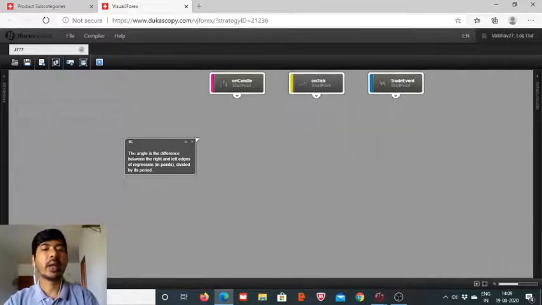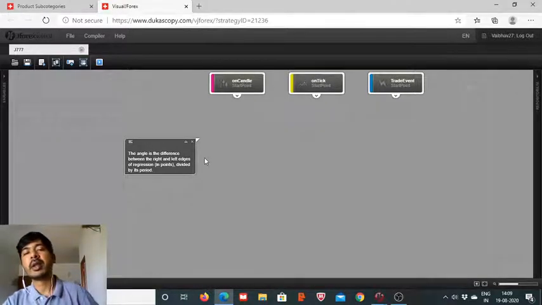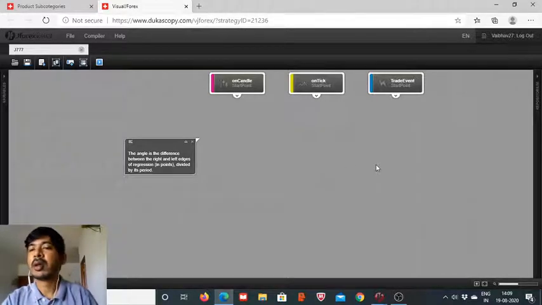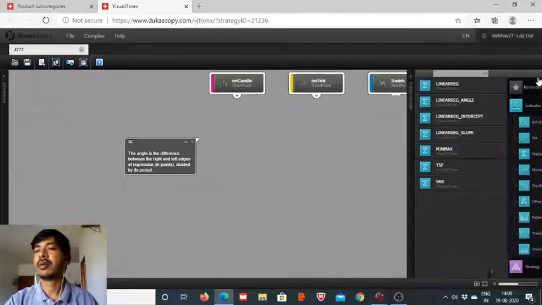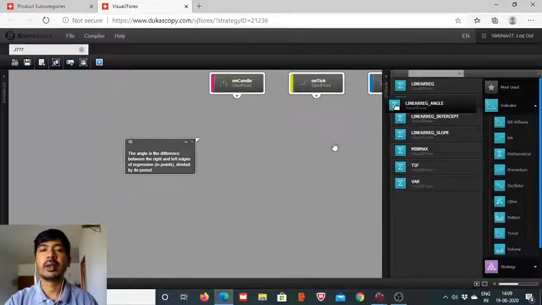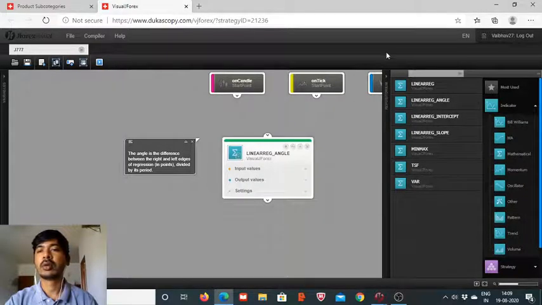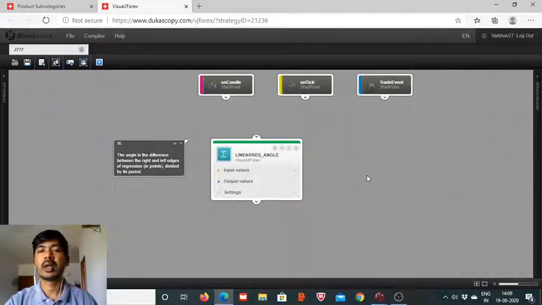The linear regression angle is simply the difference between the right and the left edges of the regression, divided by the period for the regression, the calculation for which we have done the regression analysis, and then we get the linear regression angle. Let's add this linear regression angle indicator block. So here we got this indicator block.